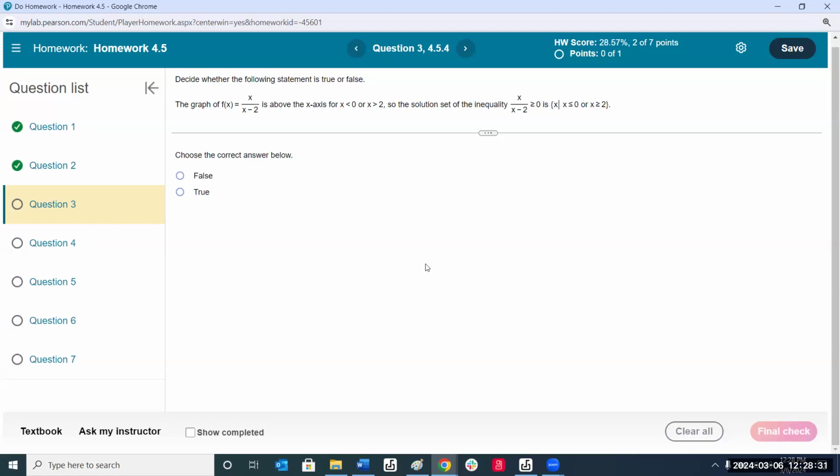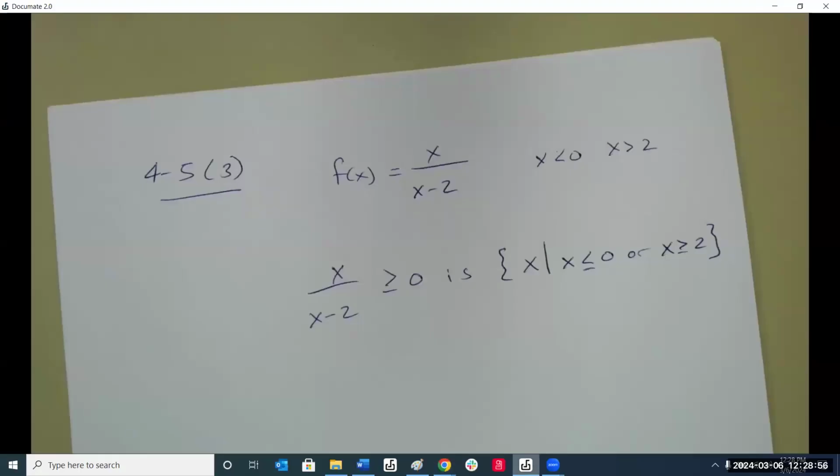So the solution set of this inequality, x over x minus 2 is greater than or equal to 0, is the set of x such that x is less than 0 or x is greater than or equal to 2. True or false?